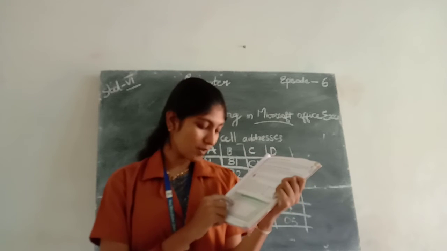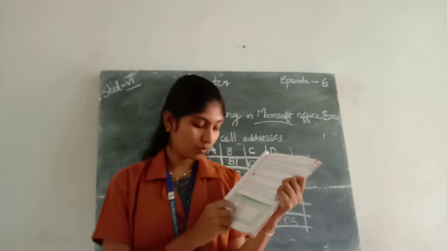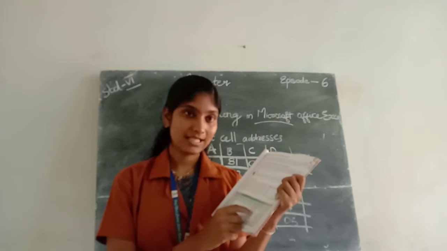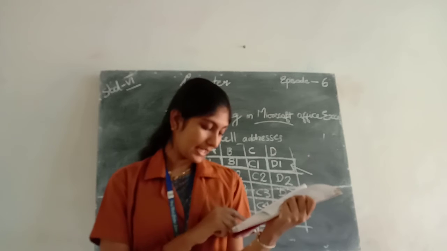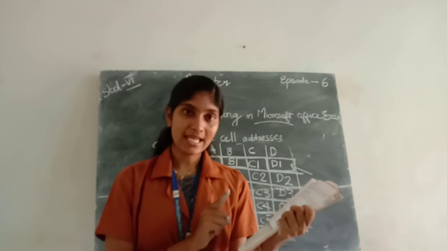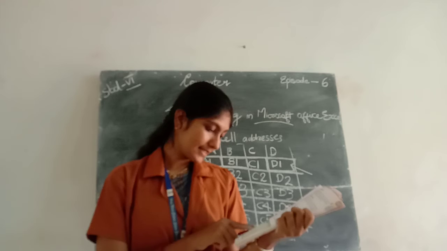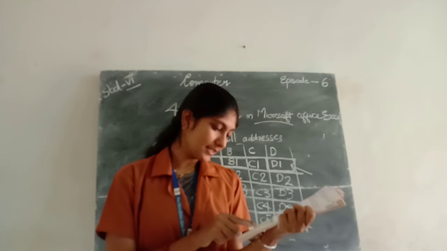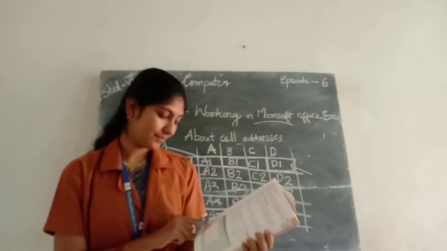In the second row C2, D2, E2, then G2. Then in the third row D3, and in the same third row H3.